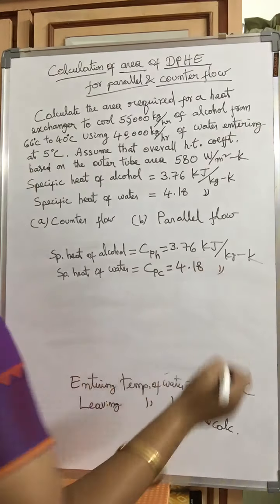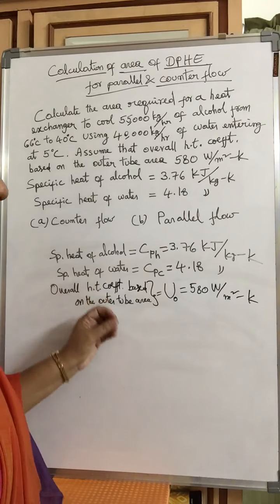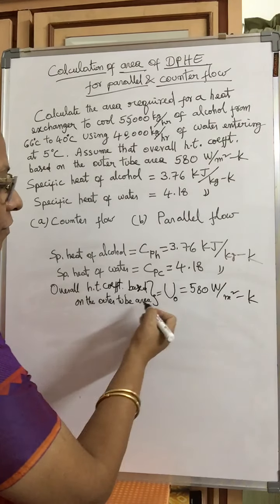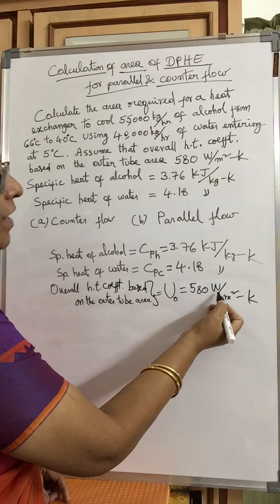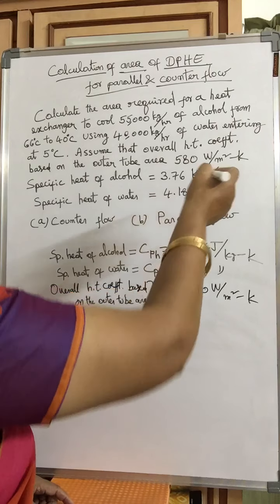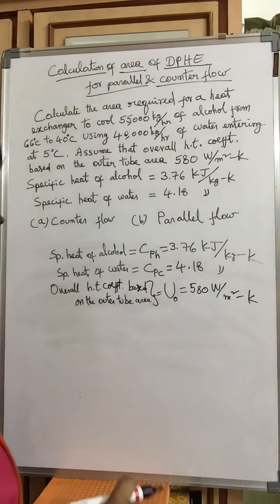U naught is equal to 580 watts per meter square Kelvin. In this problem, you need to take care of units. All are not consistent. Here, the overall heat transfer coefficient is given in watts, and the specific heats are given in kilojoules. So we will see what to do.